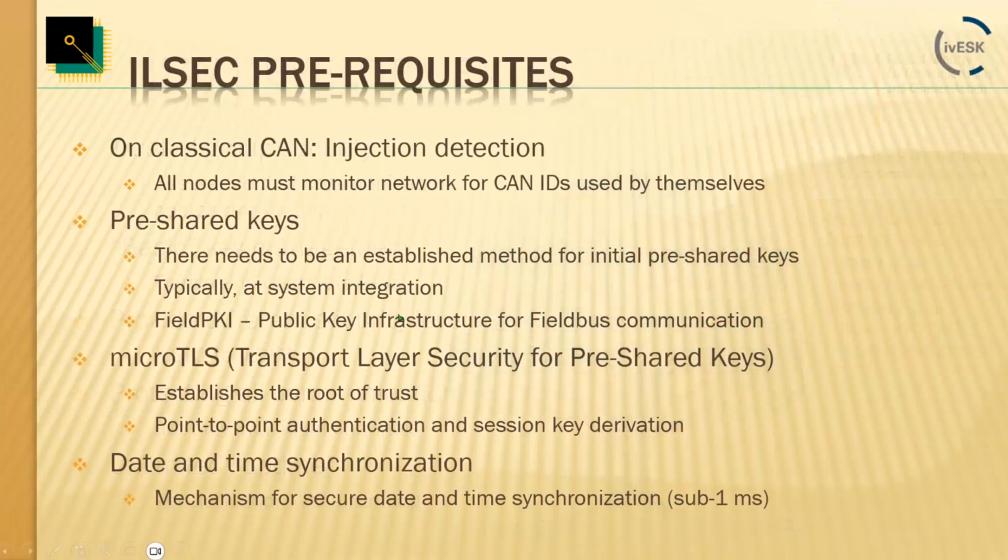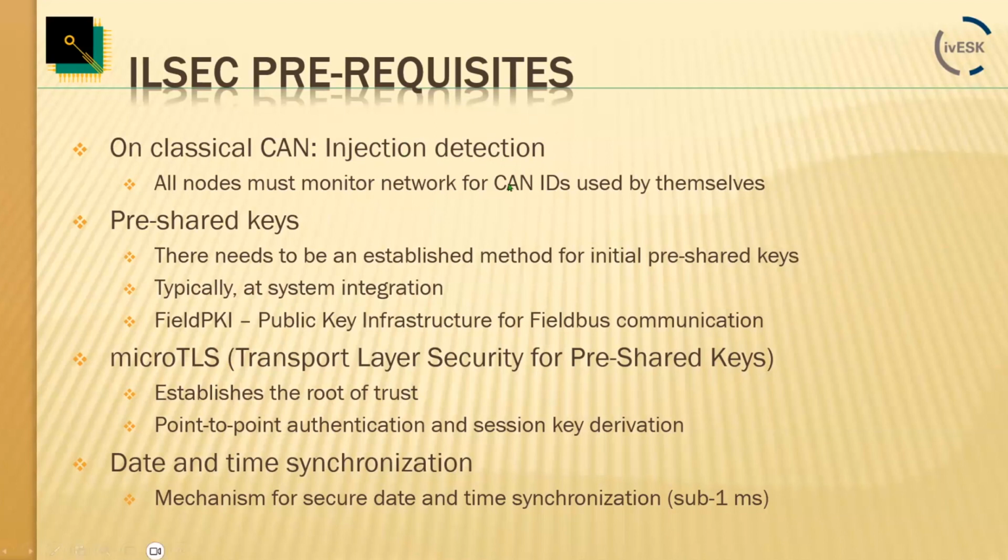The prerequisites that we need for this ILSEC layer are that when we use classical CAN, we still rely on the injection detection, because due to the limited payload, the authentication tags used will be of a bit size that under regular scrutiny would not pass.